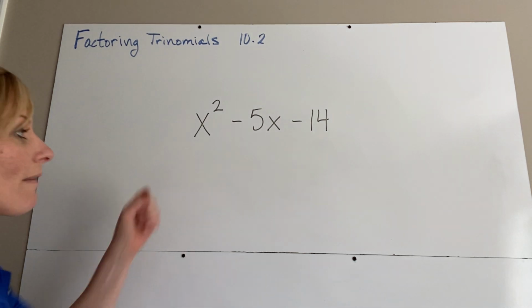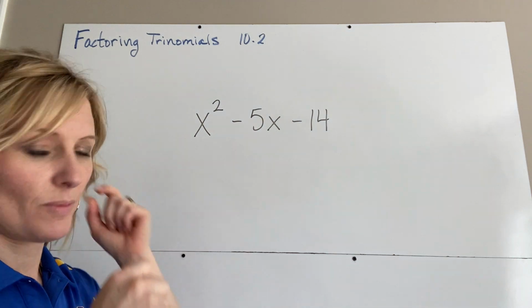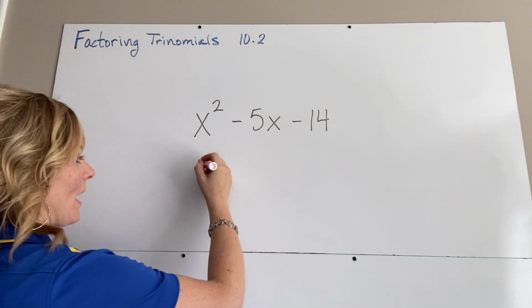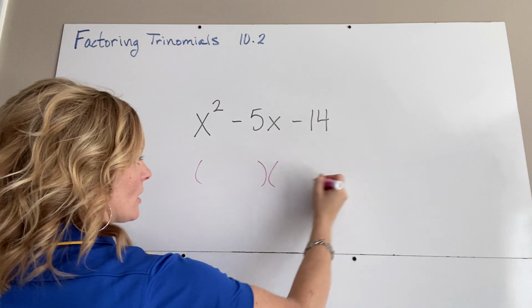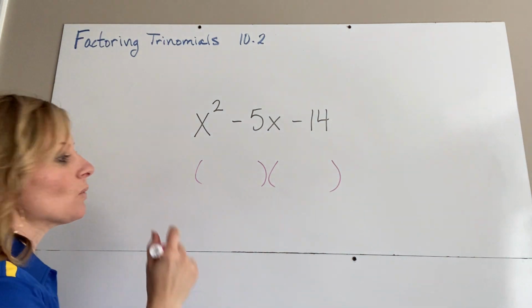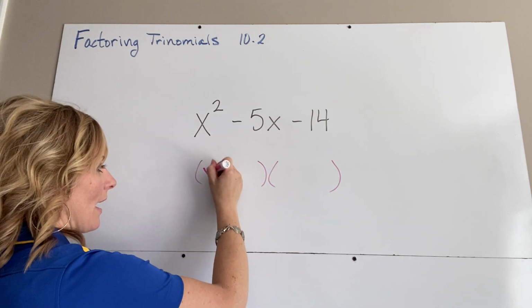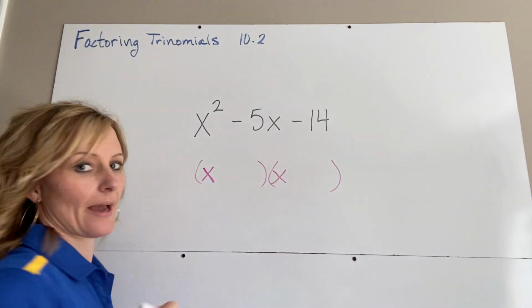All right, so we have a trinomial. It is 3 terms. That's why it's a trinomial. And we are going to go ahead and set up our parentheses because we know a couple things right from the get-go, okay? We know that to get x squared, we have to multiply x times x.